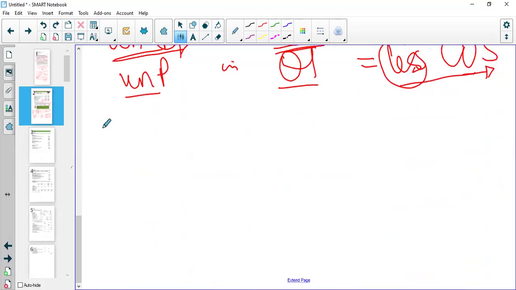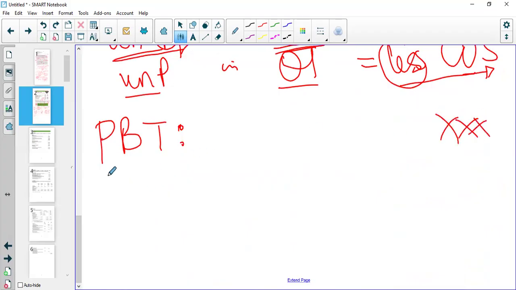So if we are dealing with profit before tax, right, we have a figure for profit before tax, and we're starting from there. So if we have unrealized profit in closing inventory, we need to remove it from profit. So we're going to subtract.